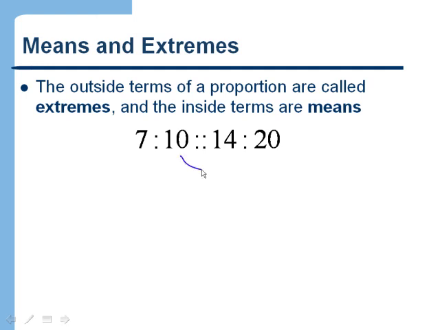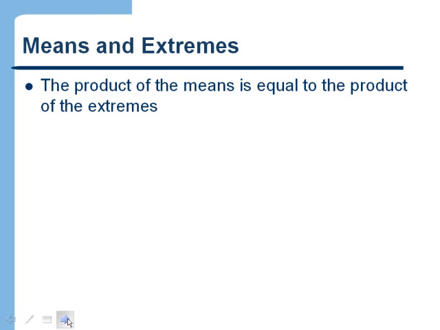In other words, these two terms are the means, and these two numbers are the extremes. One of the things that's true when we have a proportion is that the product of the means is equal to the product of the extremes. And let's see why that is. This isn't anything really new, it's just an application of cross-multiplying.